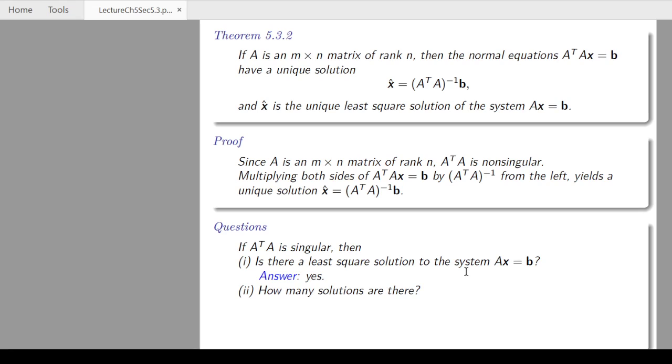The second question is: how many solutions are there? This is different from the case in theorem 5.3.2. In the singular case, we get infinitely many least square solutions to the system.